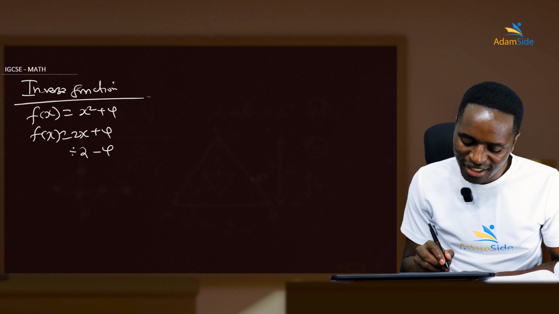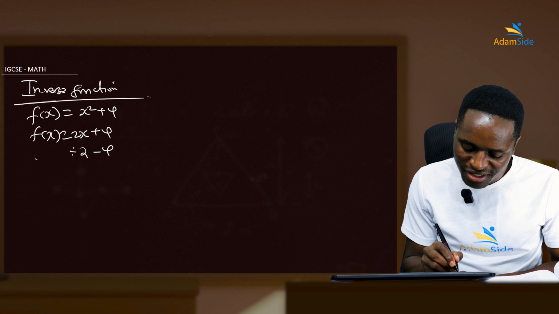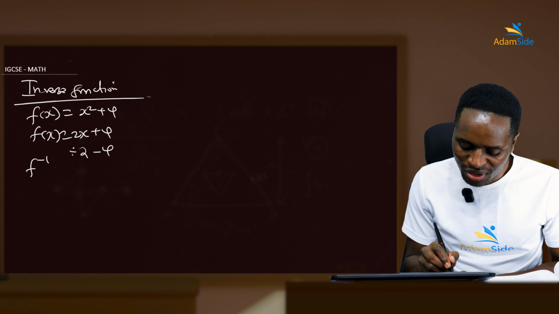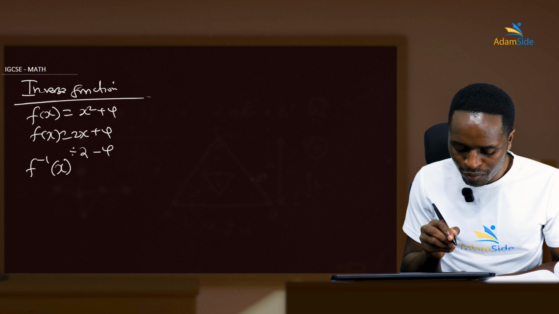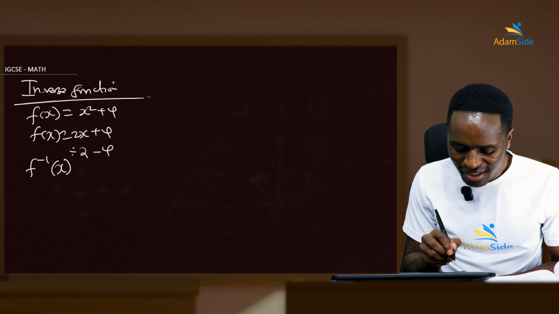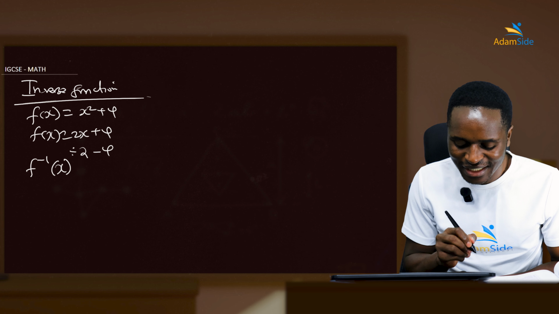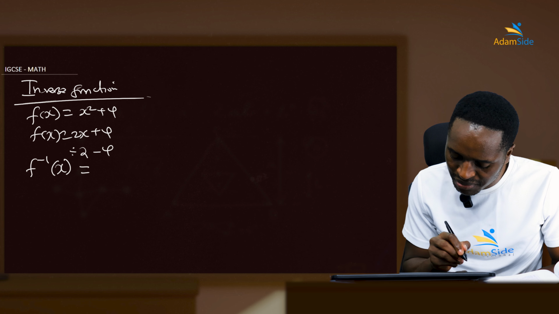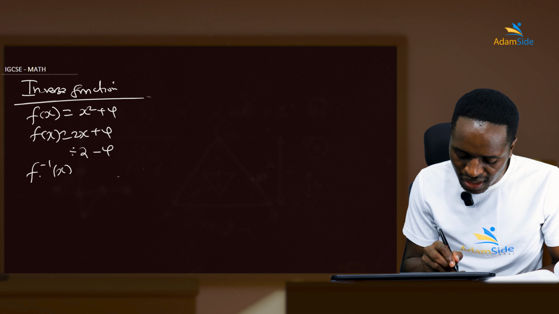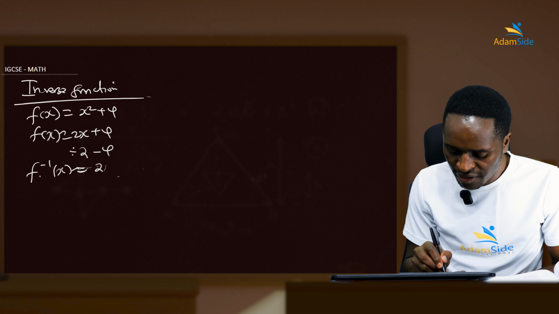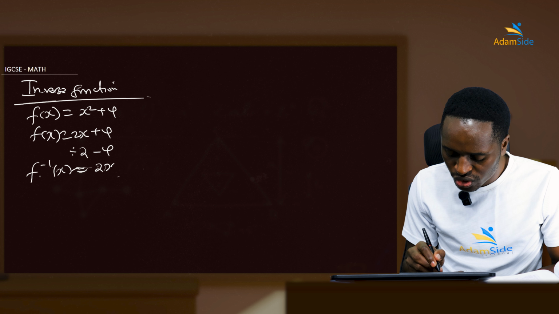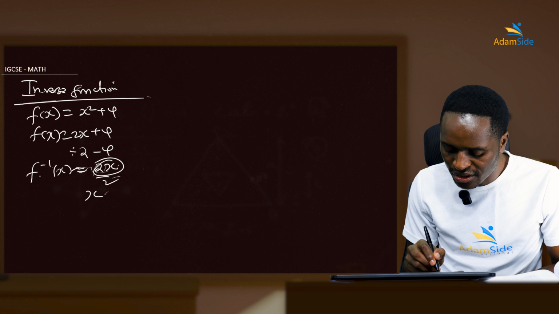Your inverse function is denoted as f to the power negative 1 of x, f inverse of x. You divide everything by 2, and then you subtract 4. So f inverse of x will be equal to 2x divided by 2, which gives x.